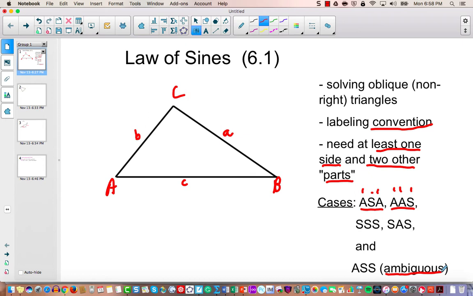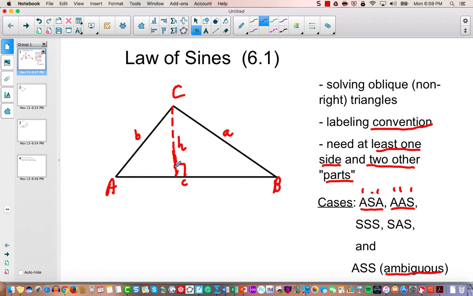So right now I want to show you what the law of sines is and how it's arrived at. In this triangle, what I want to do is drop a perpendicular down from C, and I'm going to label it H. And that'll be the height of this triangle. So I'm going to make a right angle there. Sorry for the crudeness of that line.